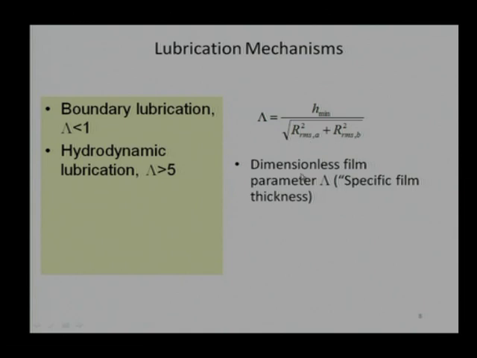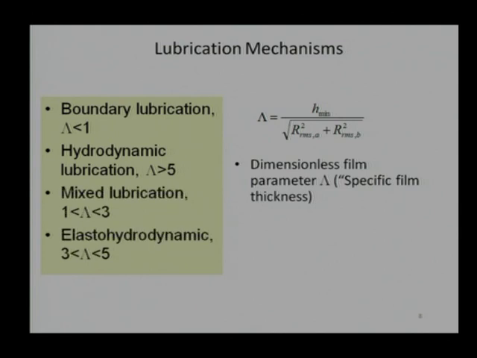It is also known as specific film thickness parameter, and what we call a thin lubrication mechanism can be quoted if lambda is lesser than 1. We can say thick lubrication mechanism when lambda is greater than 5, but there is a possibility of intermediate stages, what we say the mixed lubrication and the elastohydrodynamic lubrication.